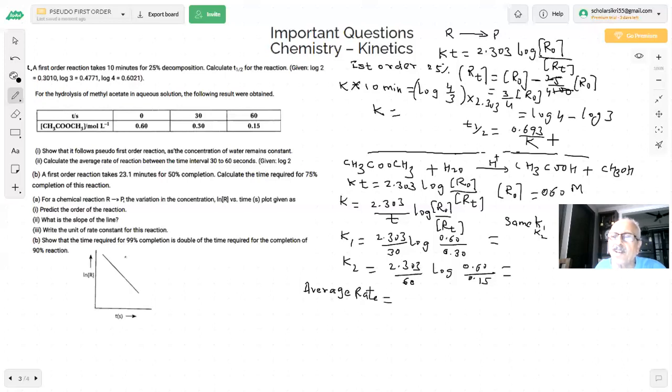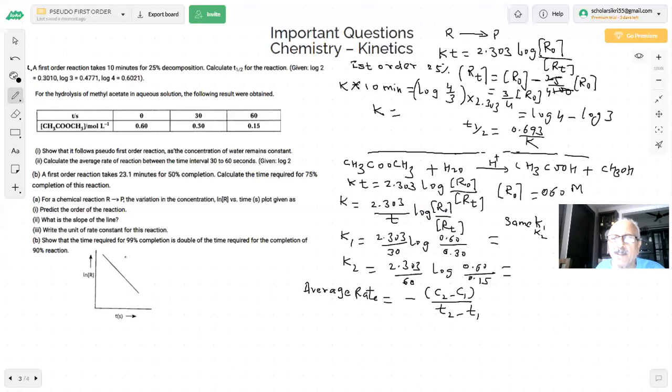Change in concentration, final concentration minus initial concentration, over a period of time. What is the time period? 30 to 60 seconds. So we said minus, because the reactant concentration is decreasing, minus C2 minus C1, divided by T2 minus T1.